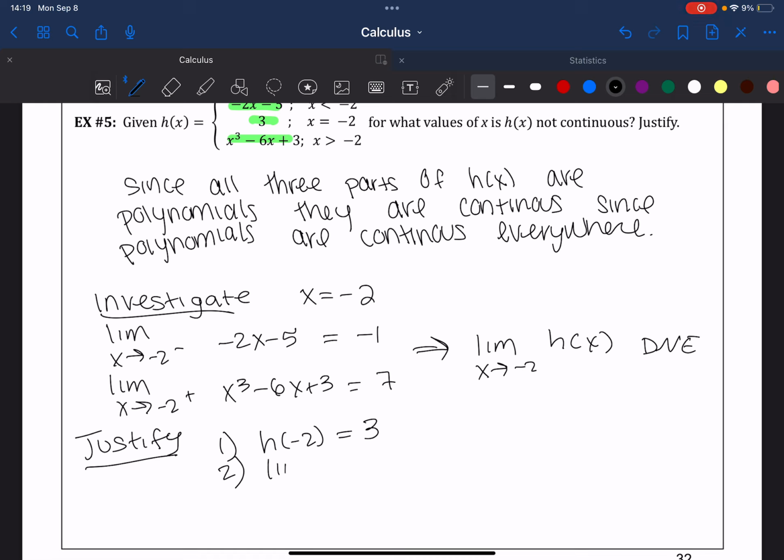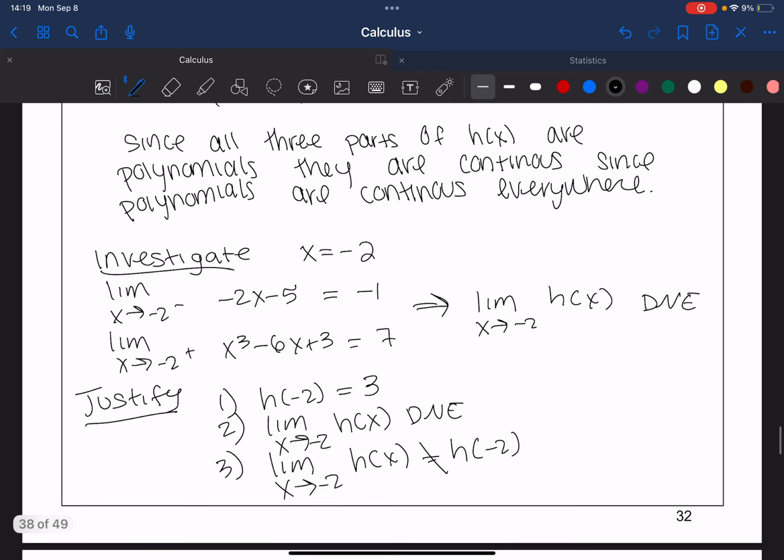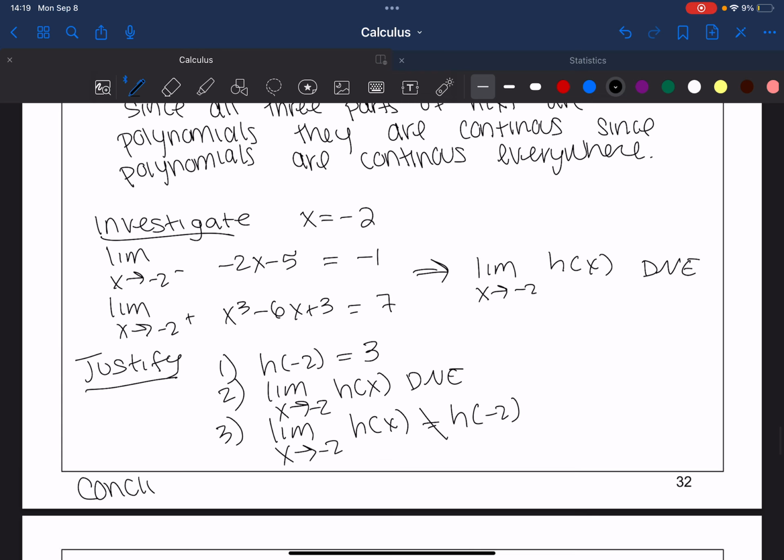We just said that the limit as x approaches negative 2 of h of x does not exist, which disproves our next part that says that the limit as x approaches negative 2 of h of x has to equal h of negative 2, which we just said is not true. So our conclusion here is that h of x is not continuous at x equals negative 2.